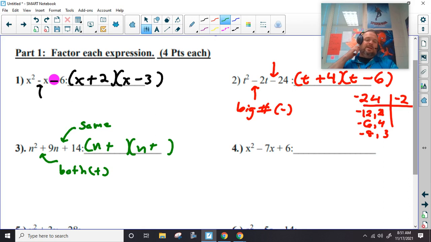Now, when you think of 14, what do you think of, two numbers that you multiply to get to 14? No, not 1 and 4, but yeah, 7 and 2 or 2 and 7.